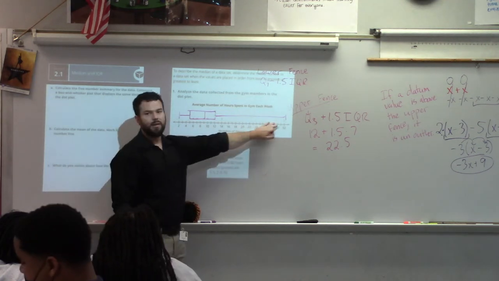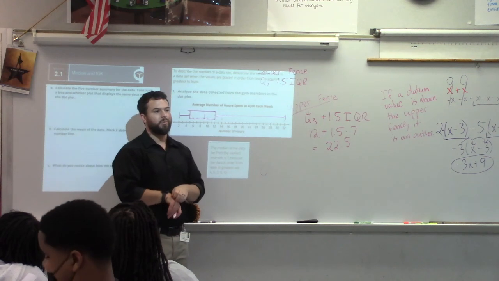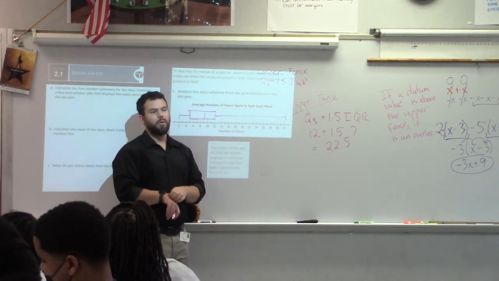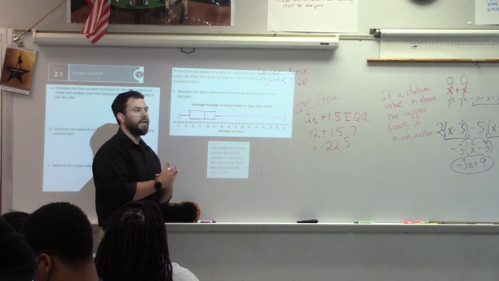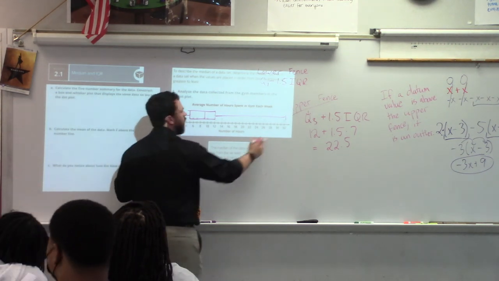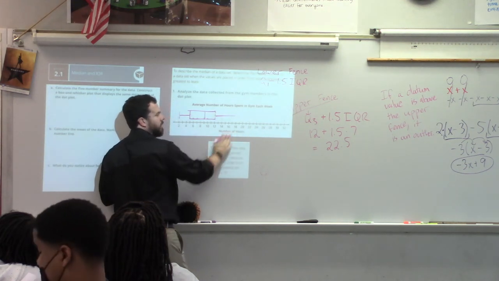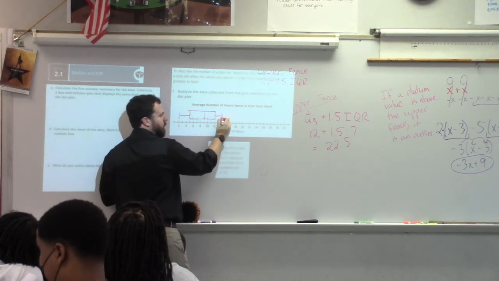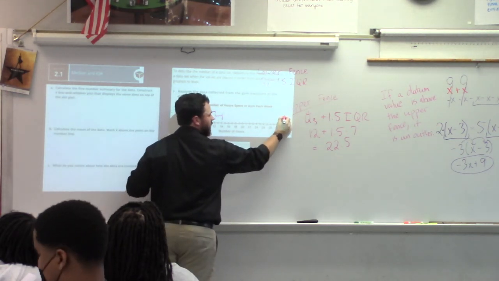But there's only one data value all the way out there, and we just found out that that 32 is a what? So we're not actually going to put our whiskers all the way out to that 32. We're going to stop at the last value that wasn't an outlier. What was the last value that was not an outlier? 14. So we actually stop our whiskers at 14, and then you put a dot at the outliers.